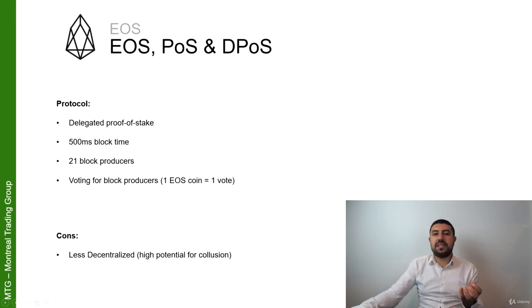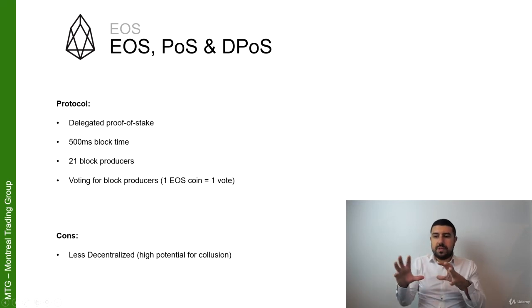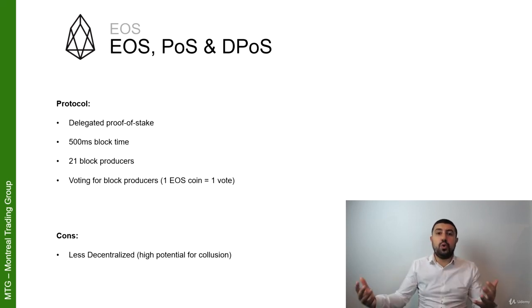And because it's less decentralized, these 21 block producers have a lot of coins, right? And because they have a lot of coins, they have a lot of voting power. They can help each other out by voting for each other. There's a high potential for collusion, basically.